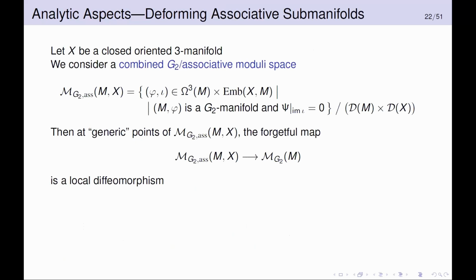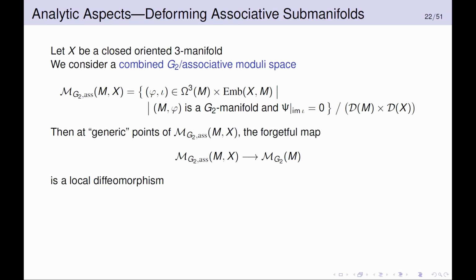Okay, let's consider the combined G2 and associative moduli space. So we pick all G2 structures phi and all embeddings iota of the three-manifold X into M, such that M with phi is a manifold of holonomy G2, and the image of this embedding is an associative submanifold.